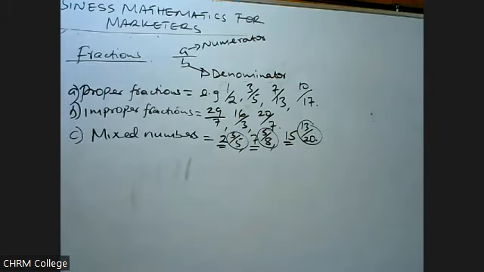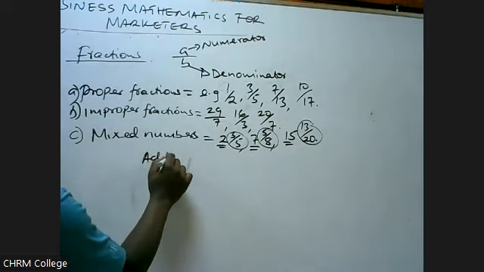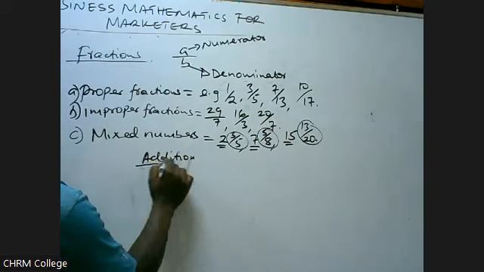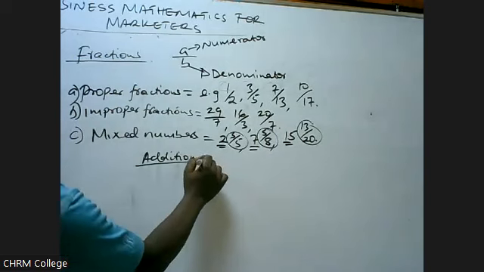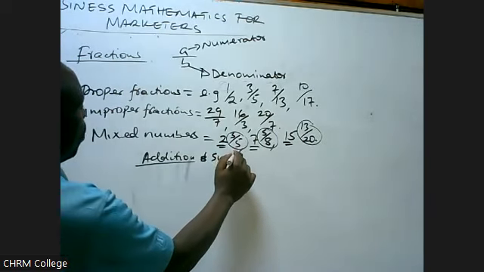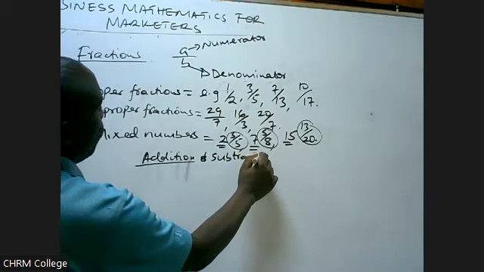So under fractions, again, we are going to look at how we do the addition, subtraction, multiplication, and the division. So the first rule combines the addition and subtraction because they are very much similar.